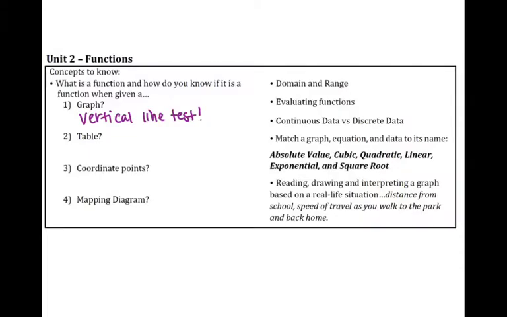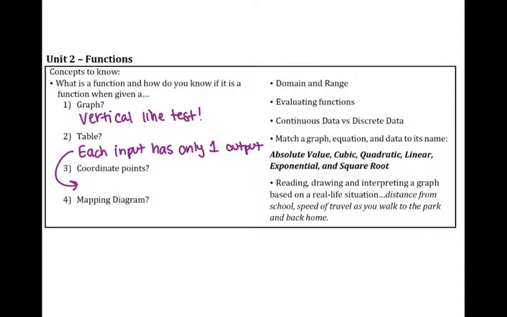If I have a table, I need to check that each input has only one output. Basically what that means is that your x's cannot repeat, meaning that they cannot go to different y values. For coordinate points, you are going to do the same thing.